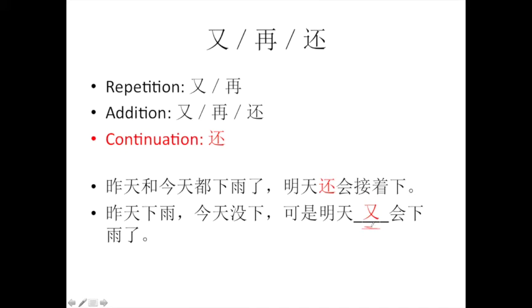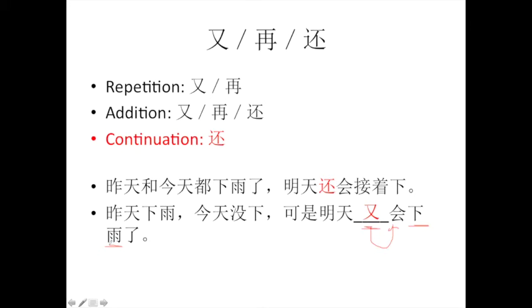Because 又 actually modifies 会 instead of 下雨。会 indicates you're making an anticipation about the future, although the future event 下雨 has not occurred yet. The anticipation itself has been existent.